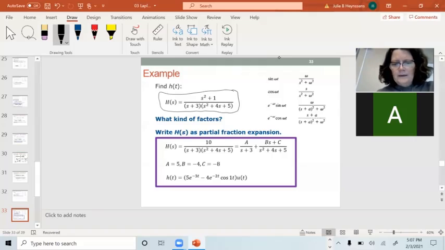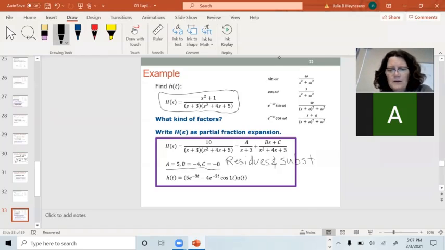We find A, B, and C using some combination of residues and substitution. Once we find A, B, and C, we take the inverse Laplace transform.